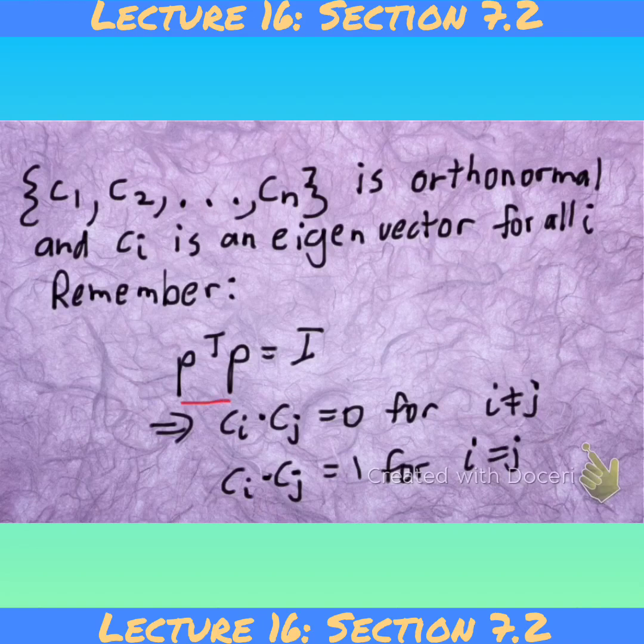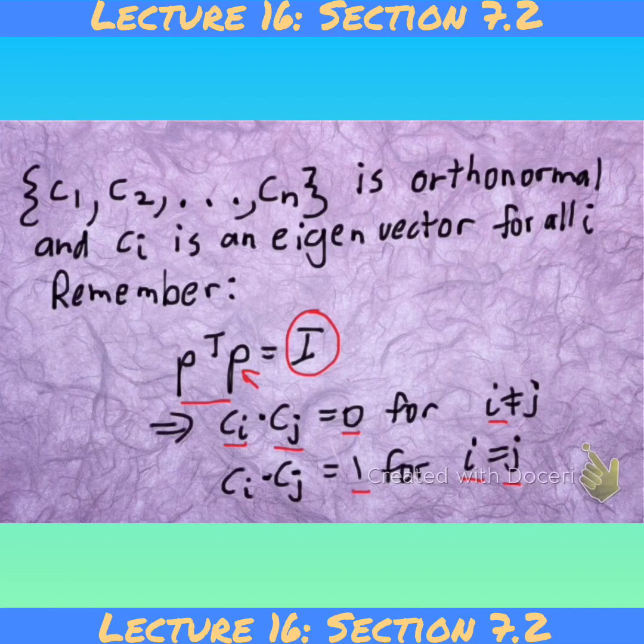You take the ith row of P's transpose, which essentially is the ith column of P, multiplied by the jth column of P. So it's the ith column that you dot with the jth column of P. And because it's equal to the identity matrix, whenever the indices are not the same, it's going to be a 0, and whenever the indices are the same, the dot product is going to be a 1.